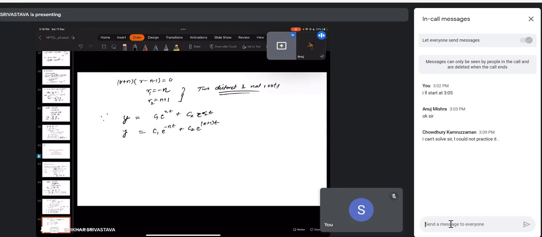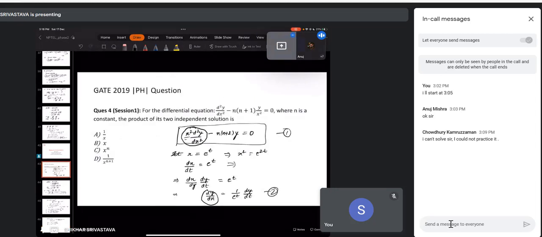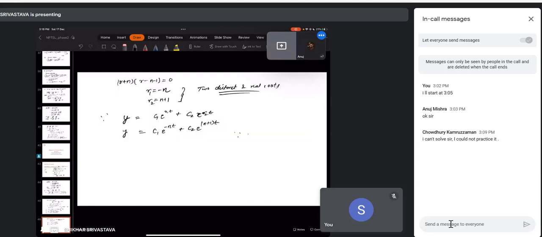But you have to be careful because in our original case we have taken this substitution where x is equal to e to the power t. So we can write this as C1 upon e to the power nt plus C2 e to the power n plus 1 t.